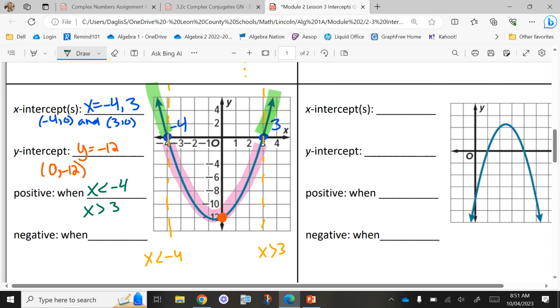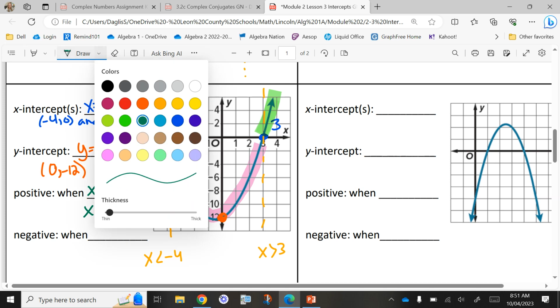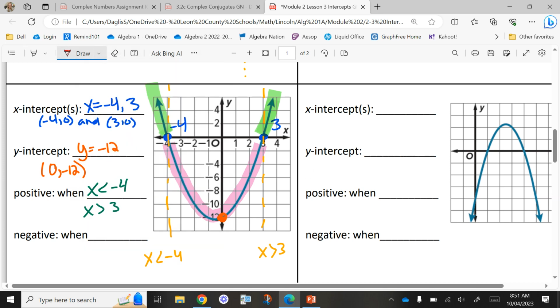So we haven't really said in between yet, because the part that's negative, see how it's dipping in between two x values? So these x's are in between negative 4 and 3. So we write it, we are negative when our x values are in between negative 4 and 3.